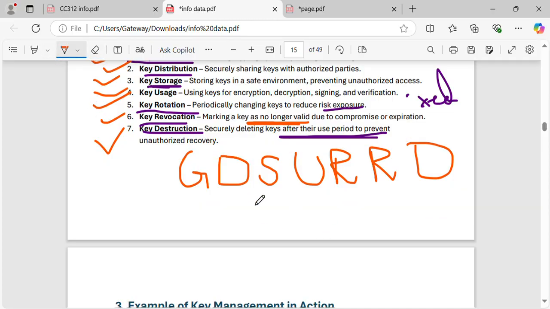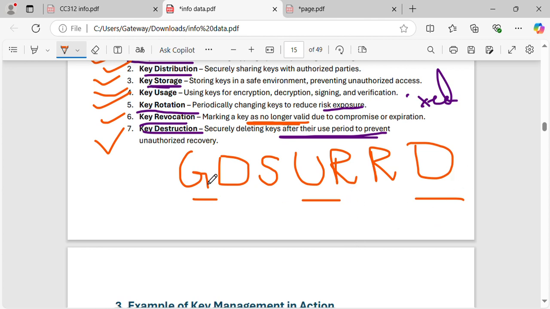So simply G, D first, and then S, U, and then double R and D. I will ask you about these in the next video, to see if you remember them. So we have generation, distribution, storage, usage, rotation, revocation, and destruction.